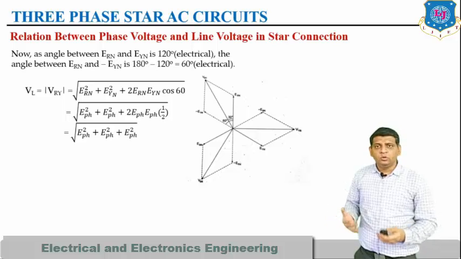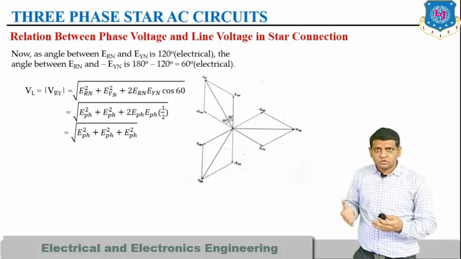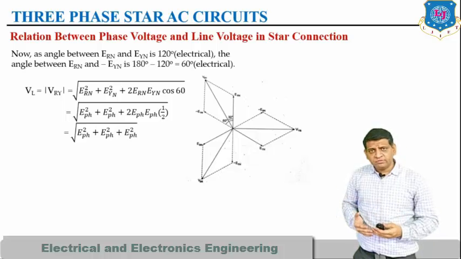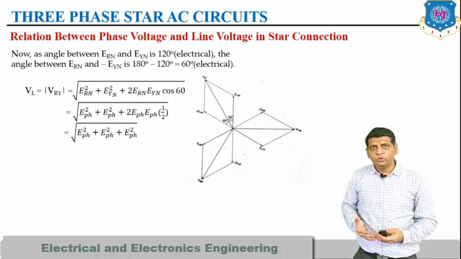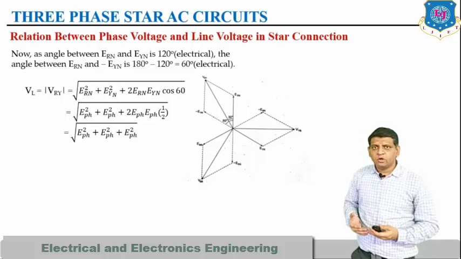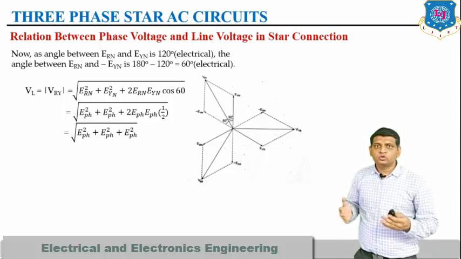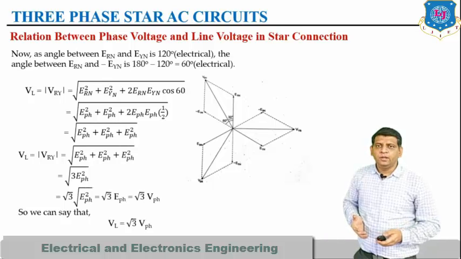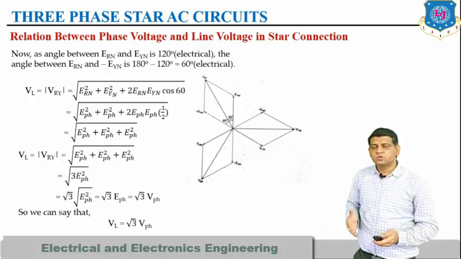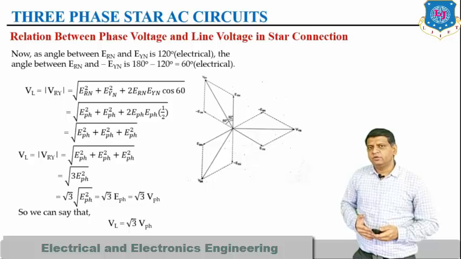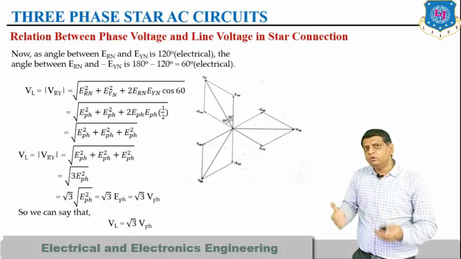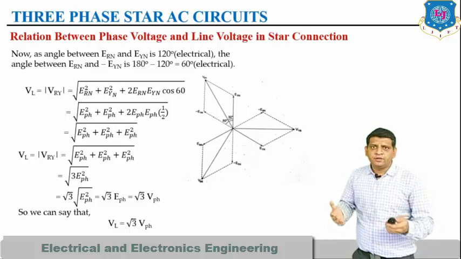VRY is equal to the square root of ERN squared plus EYN squared plus 2 into ERN into EYN cos 60, and once you solve this using trigonometry, the last equation would be VRY is equal to root 3 times EPH. I can conclude that the line voltage is nothing but root 3 times the phase voltage, right?